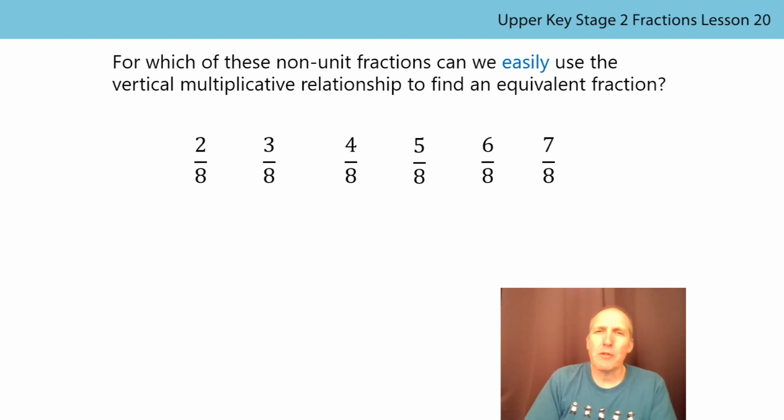What have you found out? What did you decide? Did you decide that 2/8 would work easily and 4/8 would work easily? What were your reasons? I think there are at least a couple of reasons, aren't there? If we look at the denominators, 8 is a multiple of 2 and 8 is a multiple of 4.